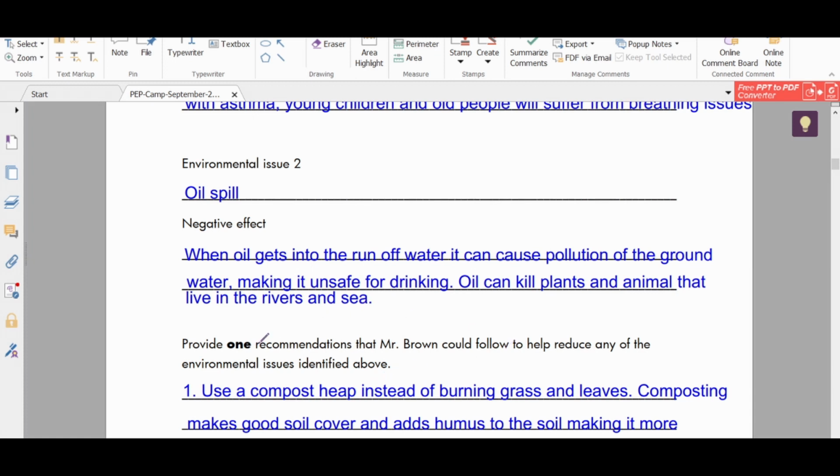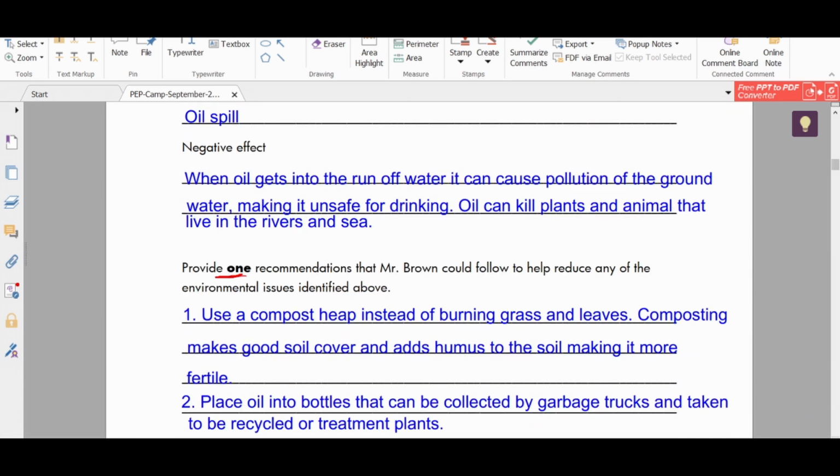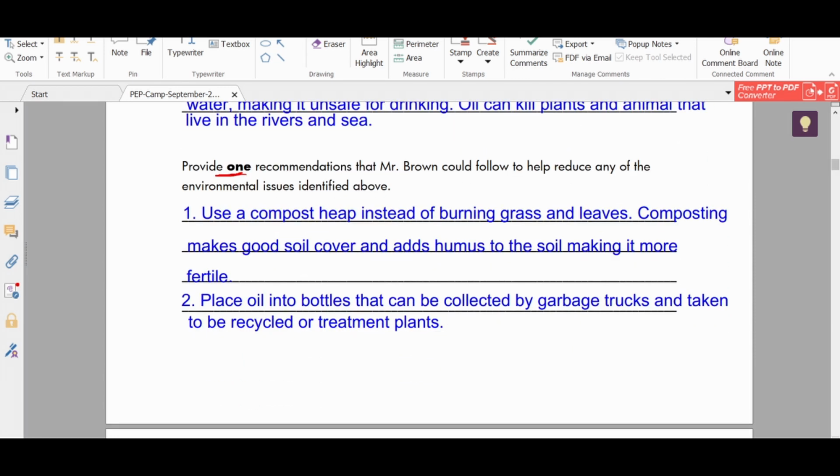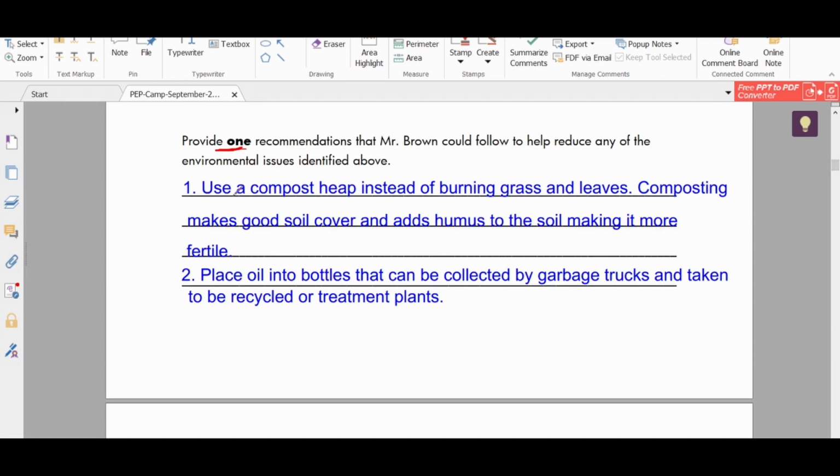Now it says provide one recommendation that Mr. Brown could follow to help reduce any of the environmental issues identified above. And remember, we identified many. So I am going to talk about the burning garbage. He could use a compost heap instead of burning grass and leaves.